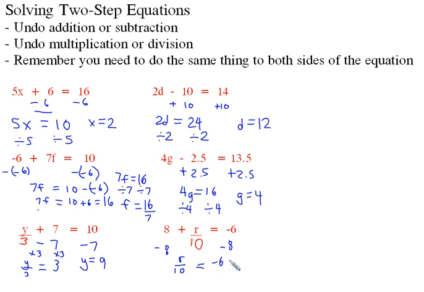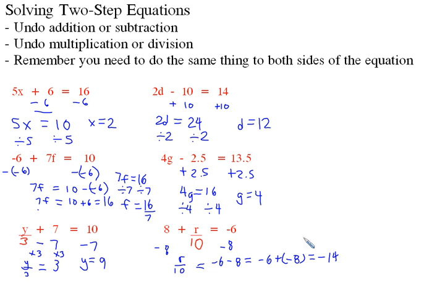Well, let's do this the right way. Minus 8. That's going to be equal to negative 6 plus negative 8. They both have the same sign, so that's going to be negative 14.